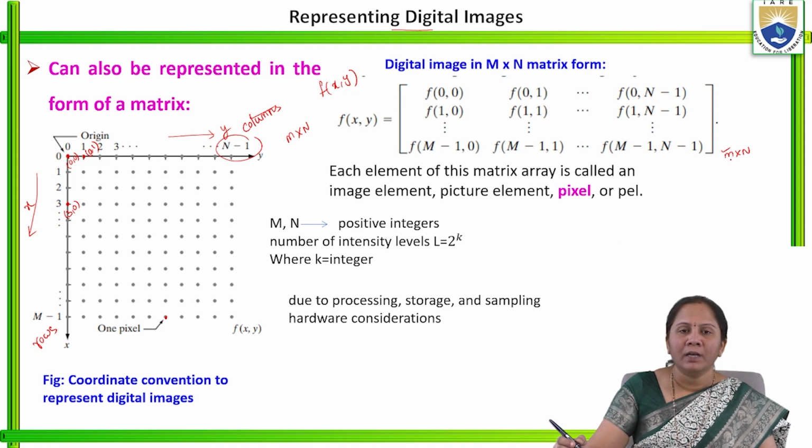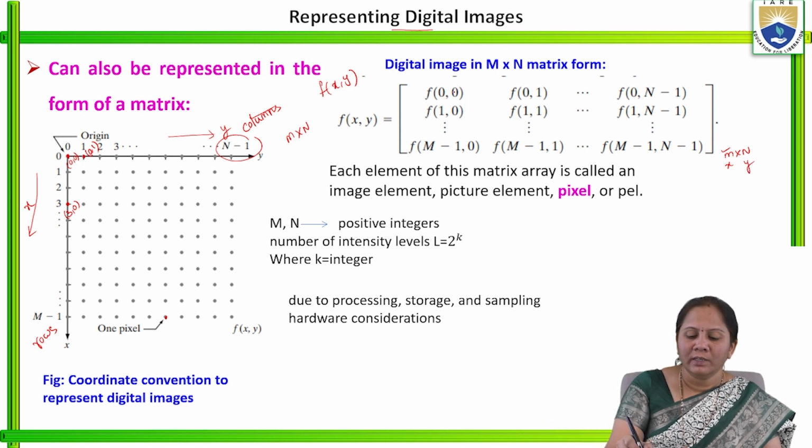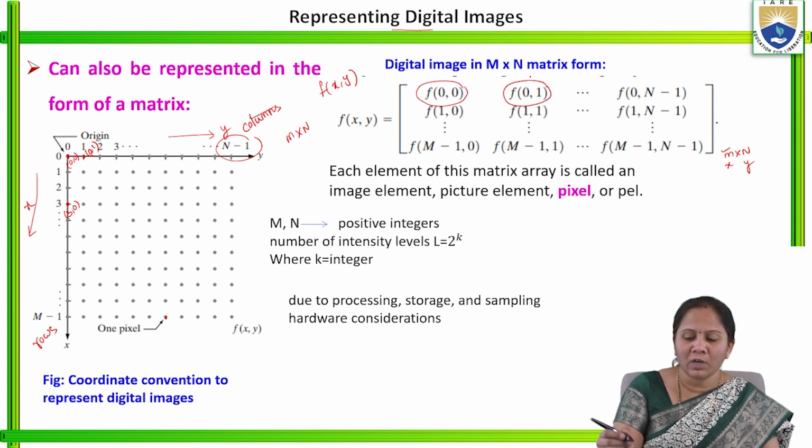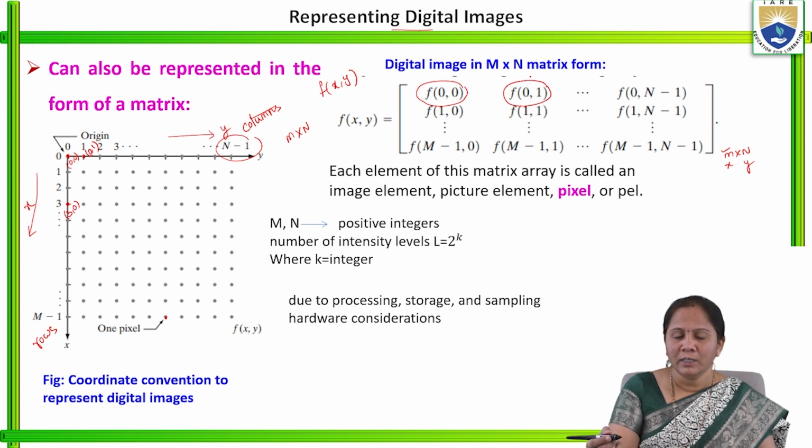Here you can observe f of 0, 0 is one element and f of 0, 1 is another element. Each pixel value is represented with the element f of x, y.